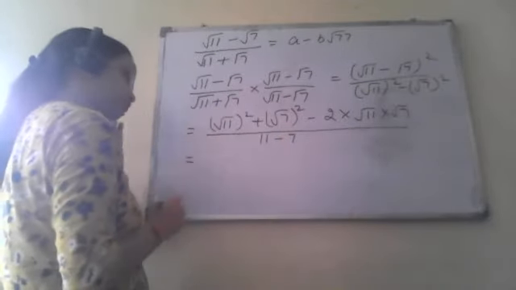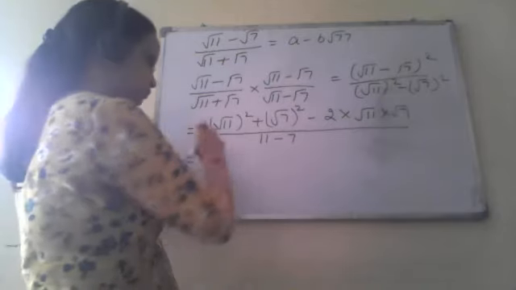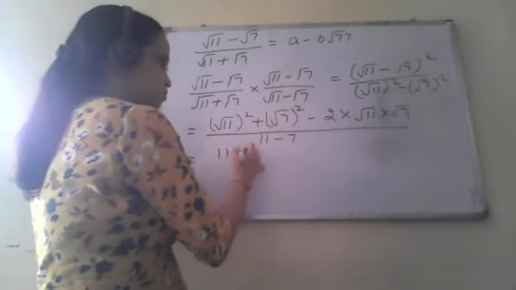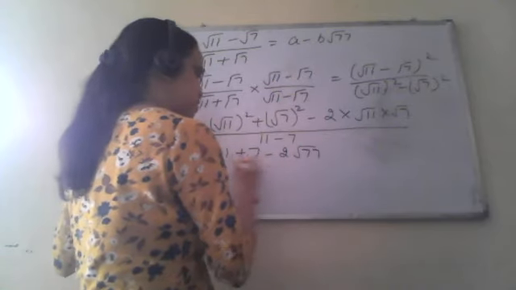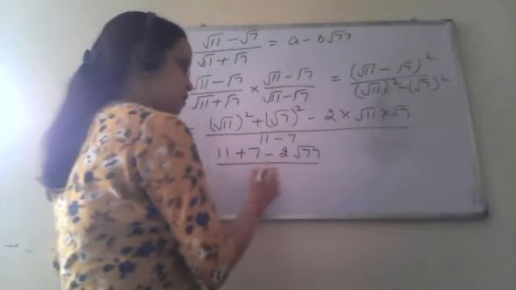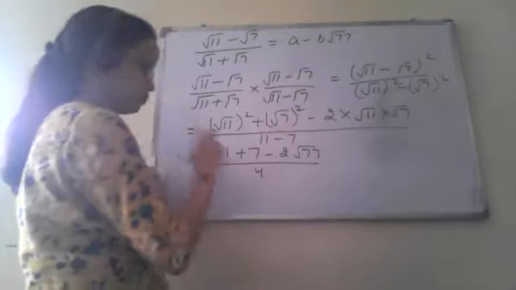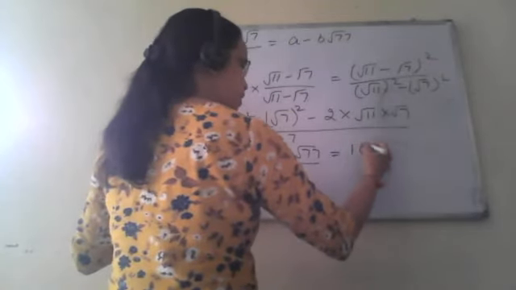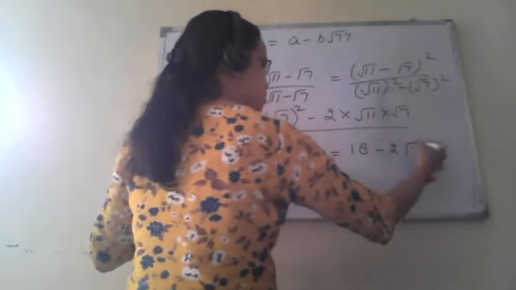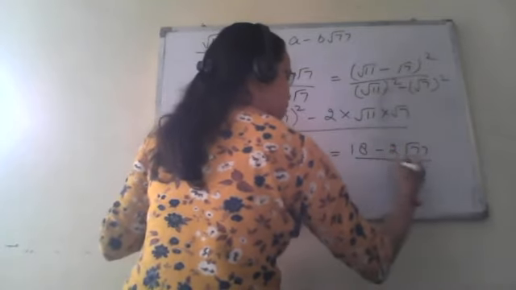So this is 11 plus 7 minus 2 root 77. 11 minus 7 is 4. So 11 plus 7, here we have 18 minus 2 root 77 upon 4.